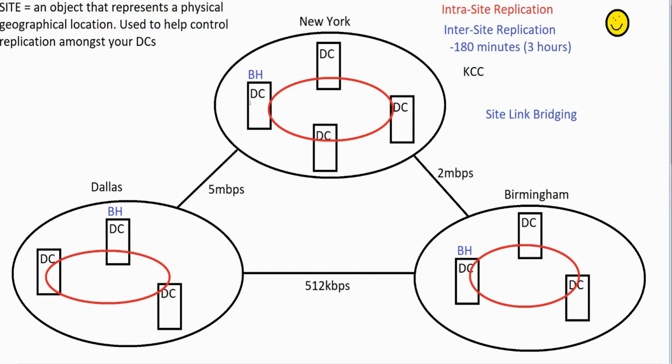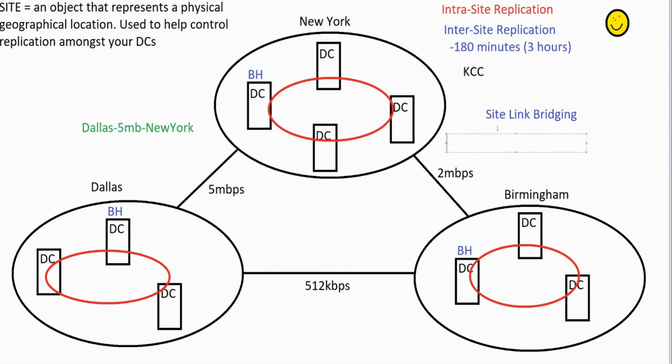So I'm going to give my site link between New York and Dallas a name. We'll call it Dallas-5MB-New York, and that's just how I like to name it.